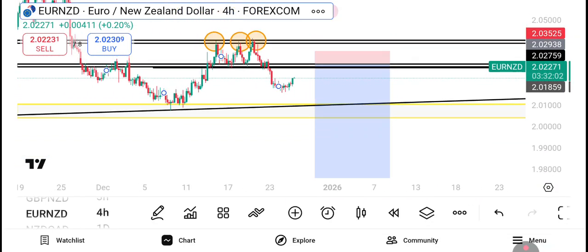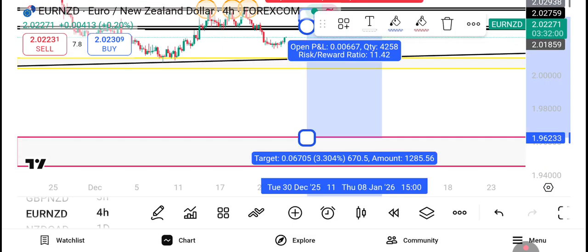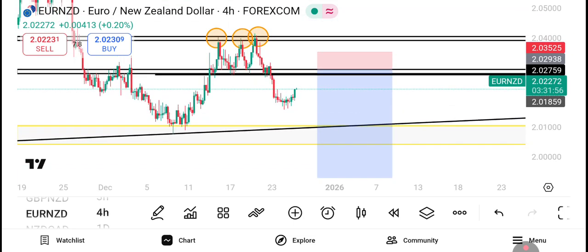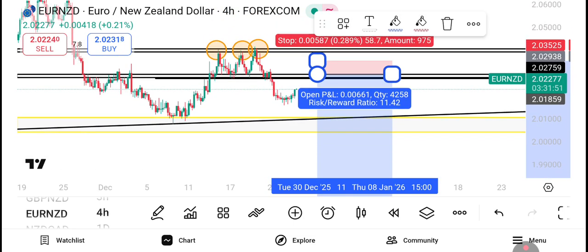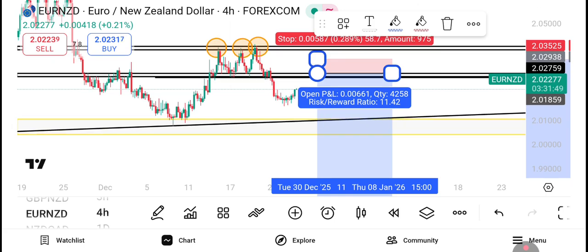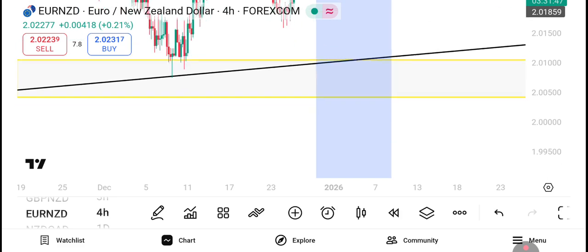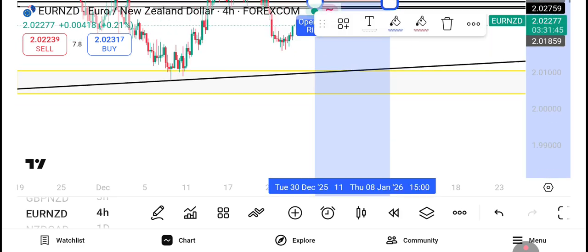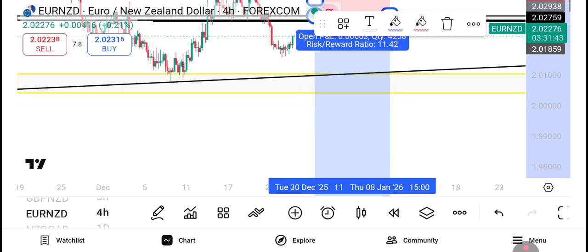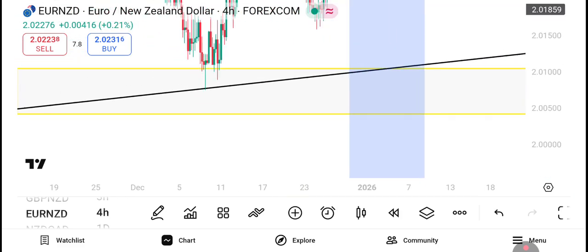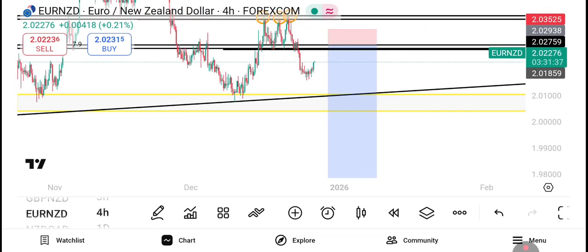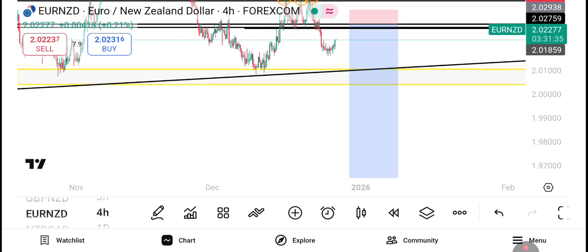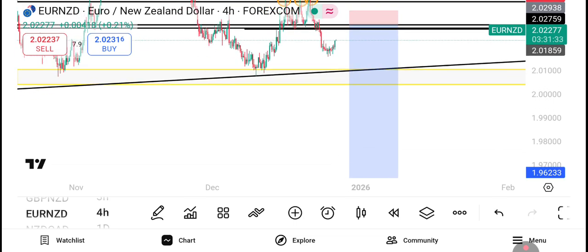It's better for me to adjust my SL since I know the direction of the market than being stopped out. So this is 58 pips and we are targeting 11 pips. So this is going to be our TP window.